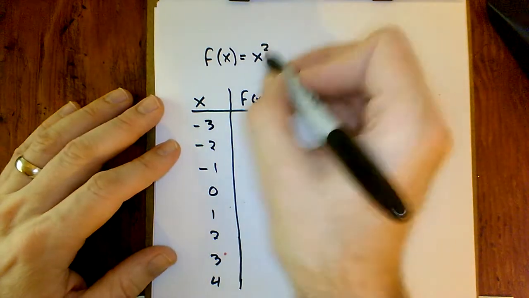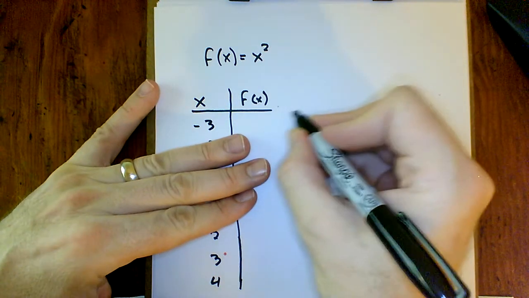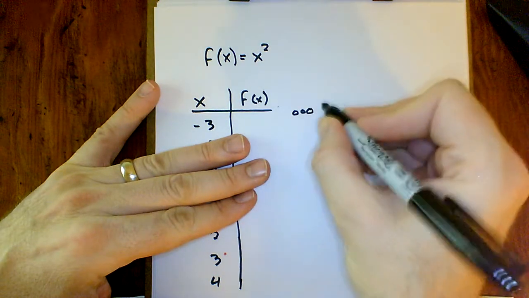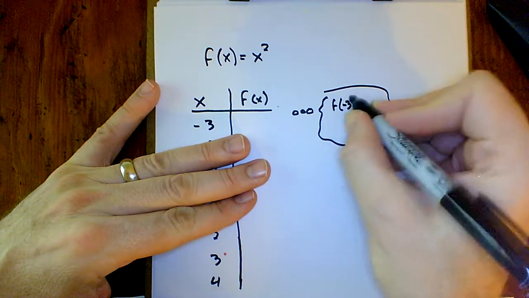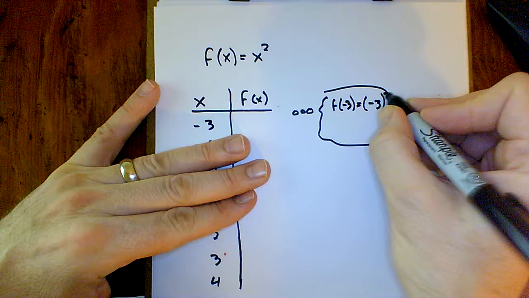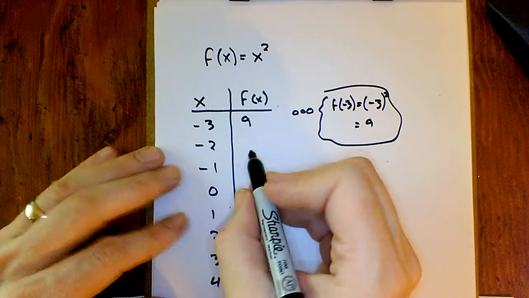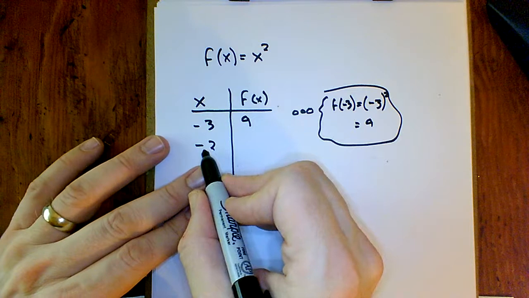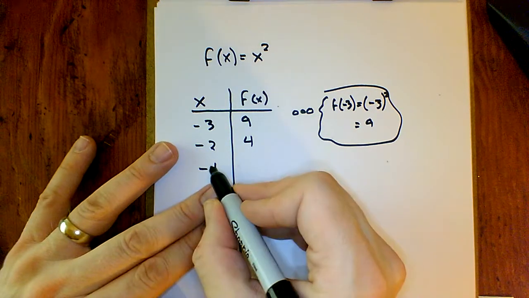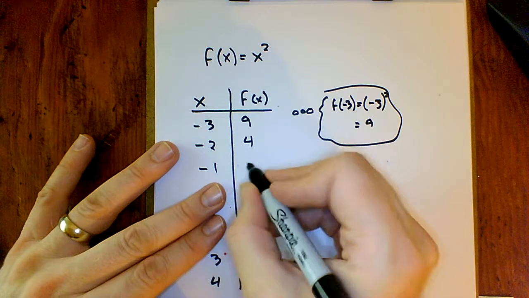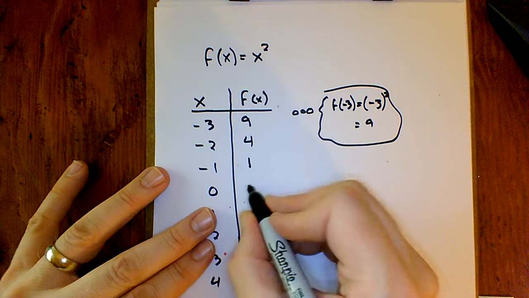Well, because all of our values are essentially just squared, the only thing I'm really doing here is, f of -3 is just -3 squared. -3 times -3 is a positive 9. -2 squared is going to be a positive 4. -1 squared is a positive 1. 0 squared is just 0.